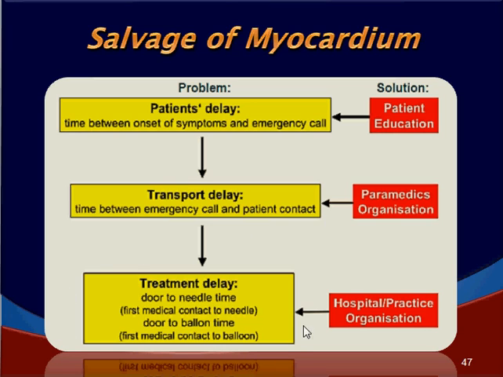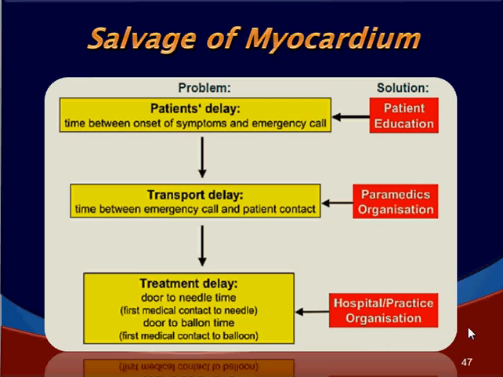The third important aspect is the delay that occurs in the emergency department after the patient reaches the hospital. So hospital or practice organization has to be strengthened and the protocols have to be made very clear: door to needle time, first medical contact to needle time, door to balloon time, first medical contact to PCI.